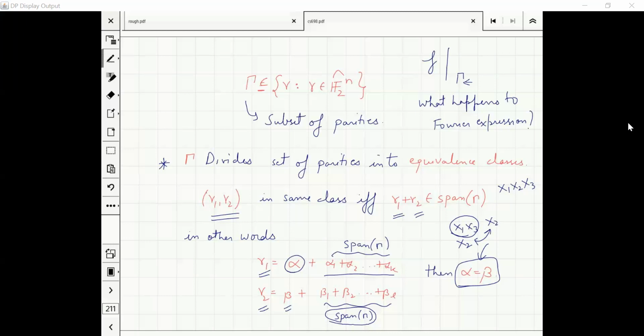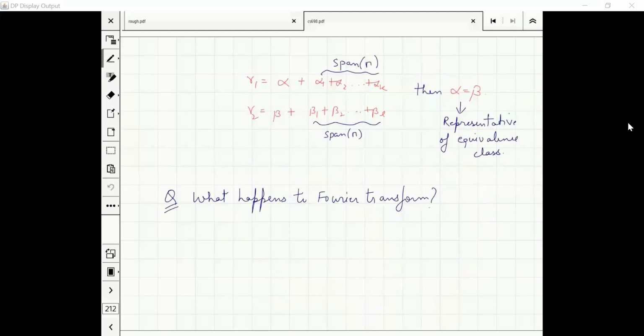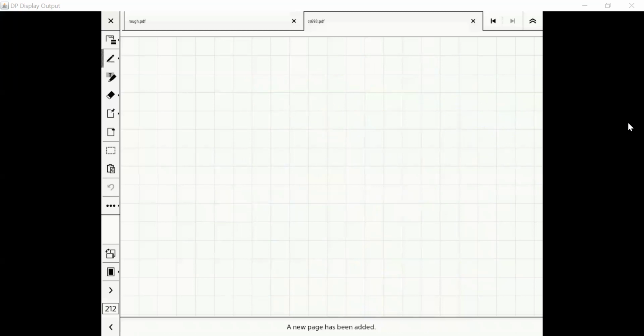Do you want to see an example? Yes, sir. Okay. So which function do we want to take?